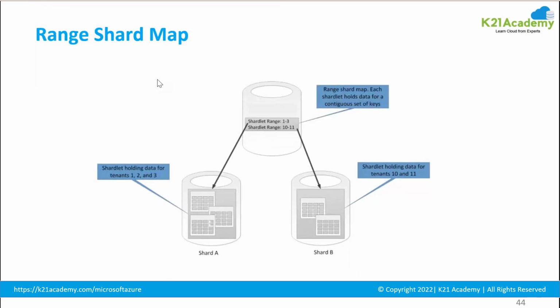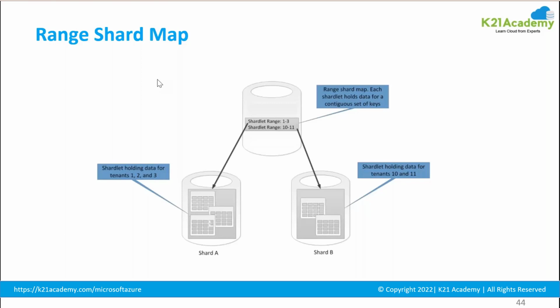Another kind of sharding pattern that we can leverage is called range sharding. Here we can maintain the shardlets of multiple keys in a single physical shard, right? So it can be a range shard. Shardlet range 1 to 3, shardlet range 10 to 11, we can maintain over there for multiple tenants.